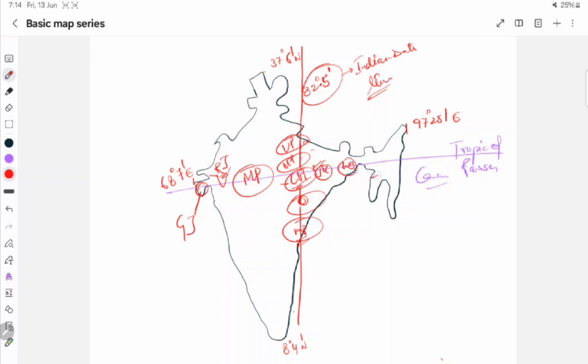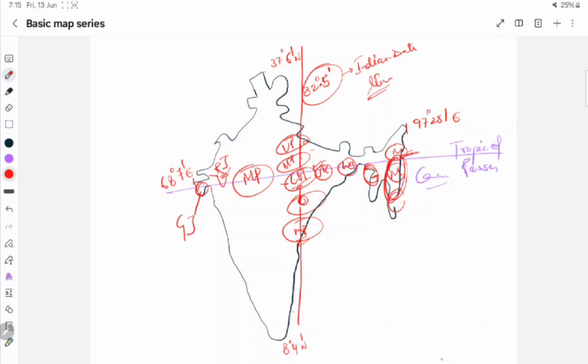We have Tripura, which is a bit southern. We have Mizoram over here. This is Manipur, the above one.